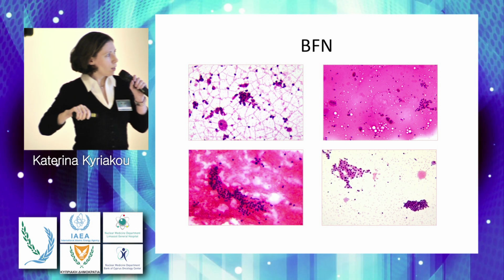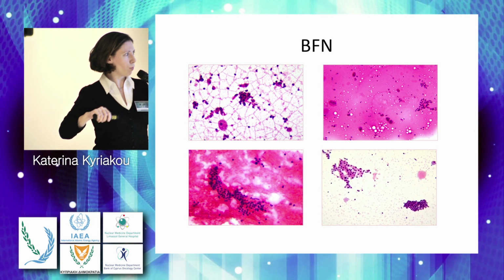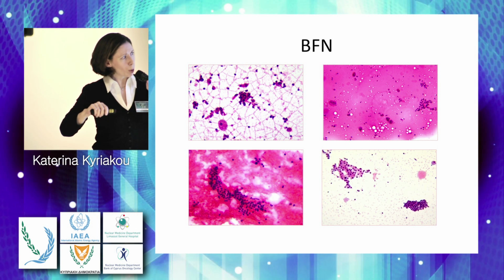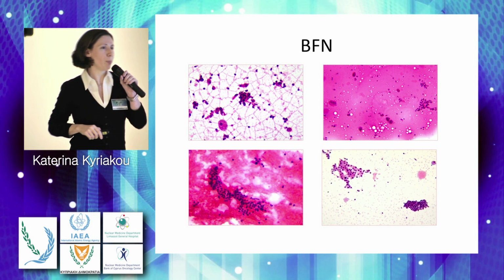Then again follicular cells, and this formation is called a macrofollicle, which is a sheet of follicular cells that are regularly arranged, and it is an indication for a benign lesion. Here again we see a macrofollicle, and here we see a group of Hurthle cells where we see more pink cytoplasm, which are follicular metaplastic cells.